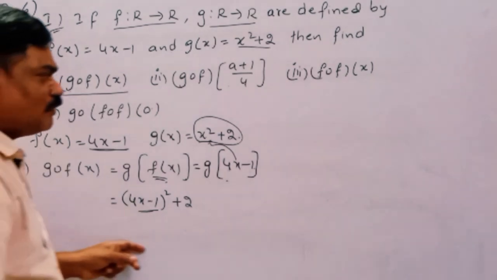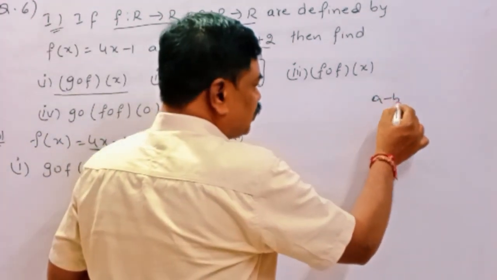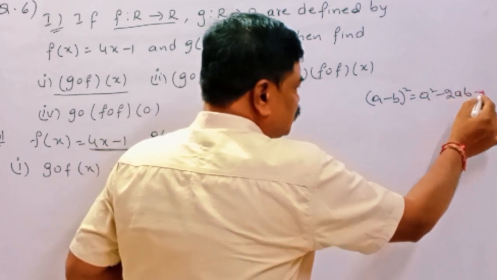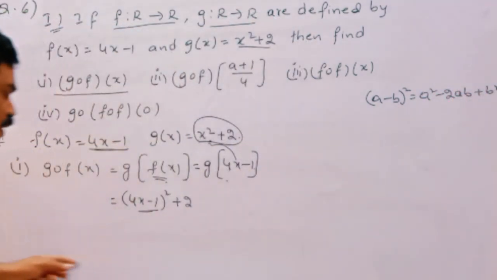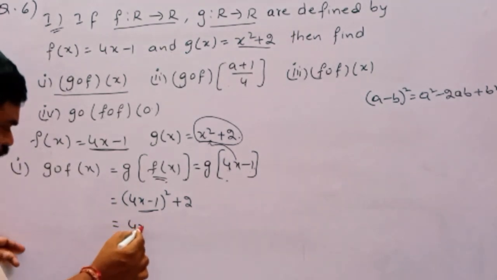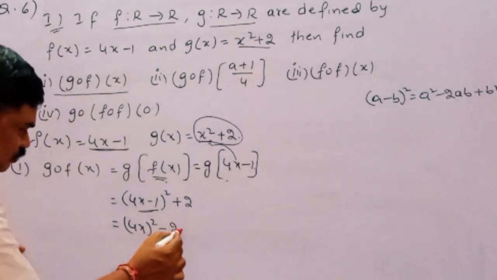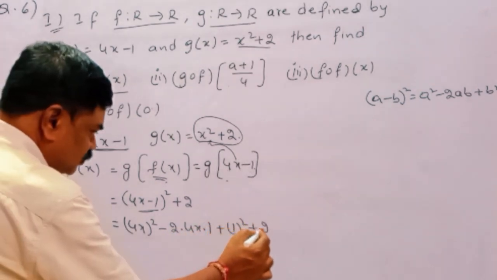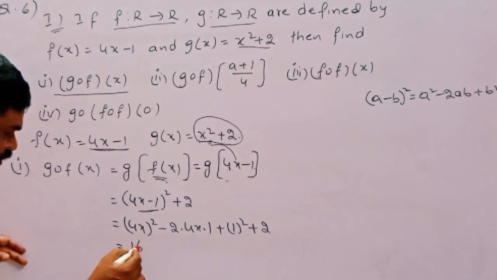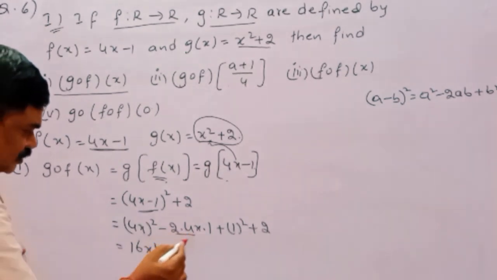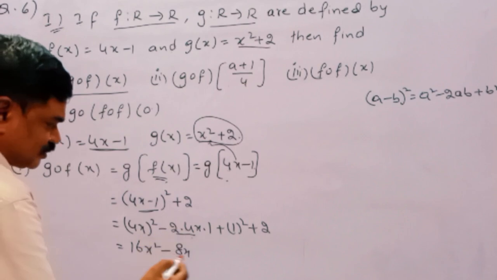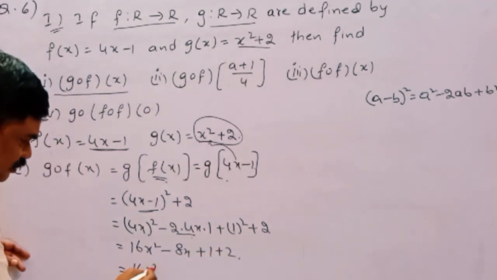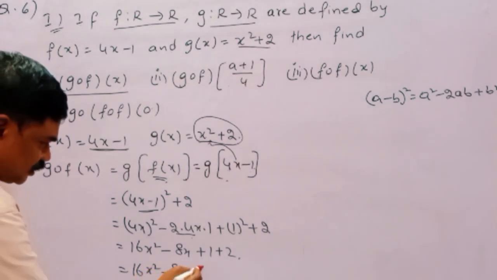In x place you substitute 4x minus 1, then 4x minus 1 whole square. This is in the form of (a minus b) whole square, which is equal to a square minus 2ab plus b square. Then you substitute: (4x) whole square minus 2 into 4x into 1 plus 1 whole square plus 2. So 16x square minus 8x plus 1 plus 2. This is equal to 16x square minus 8x plus 3.